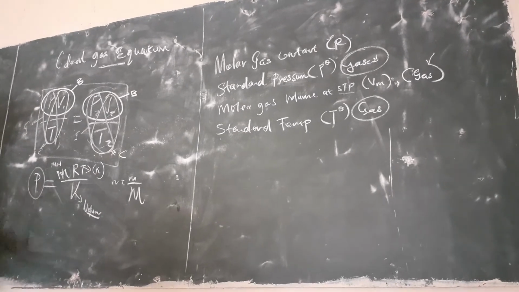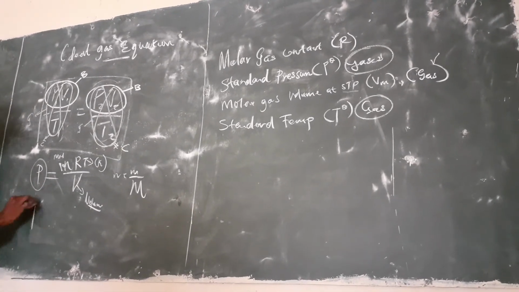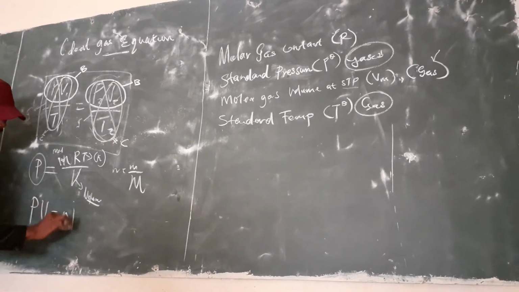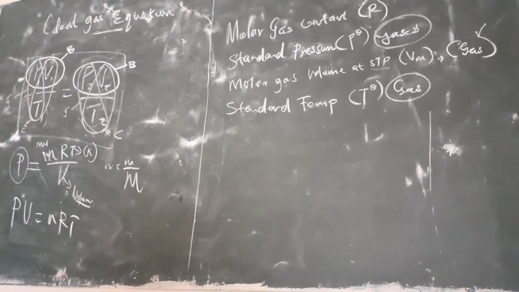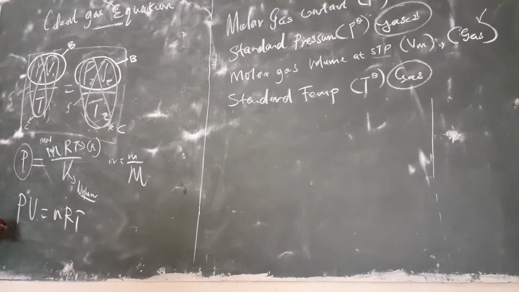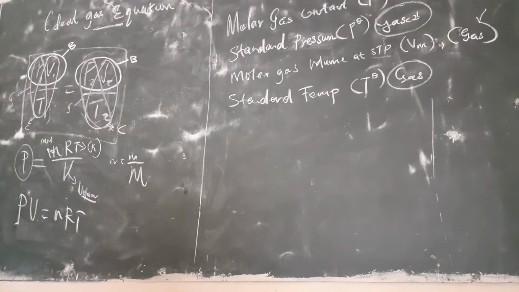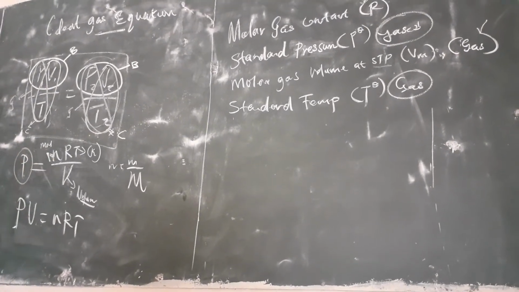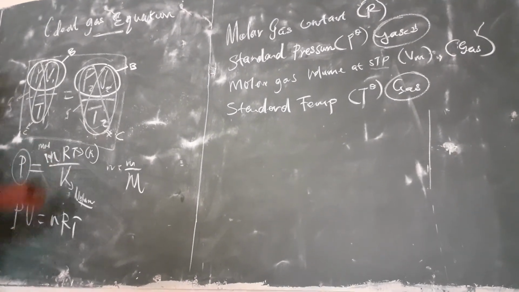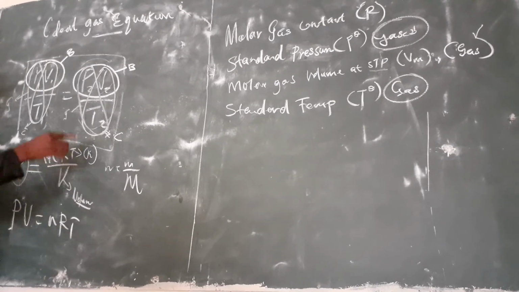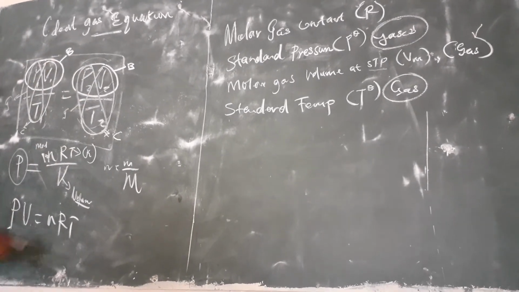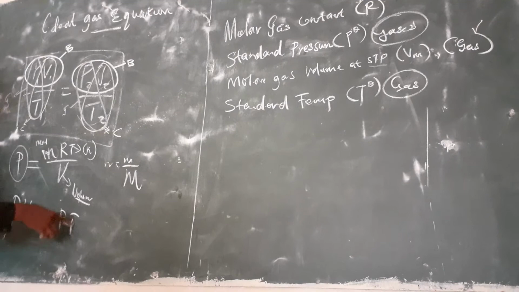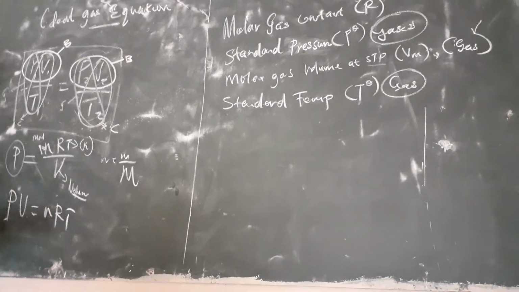So this formula can be denoted by PV equals nRT, depending on how you want it. Remember, P stands for the pressure, V stands for the volume, n stands for the number of moles, R stands for the molar gas constant, and T stands for the temperature in kelvins.